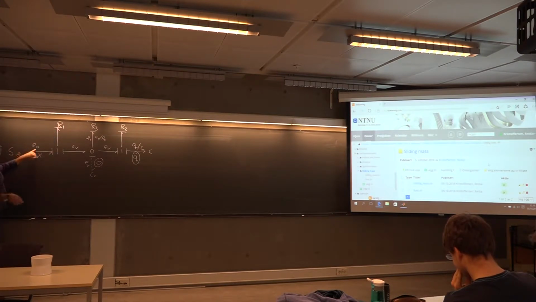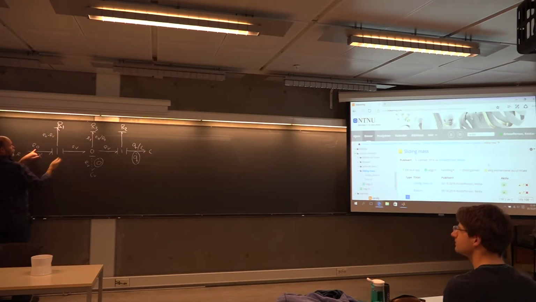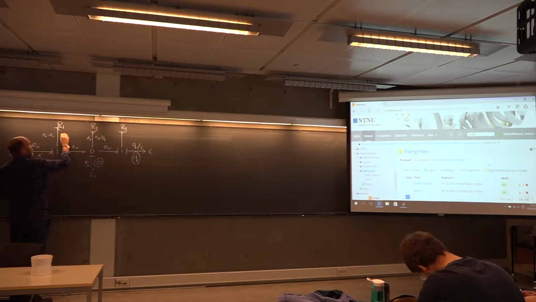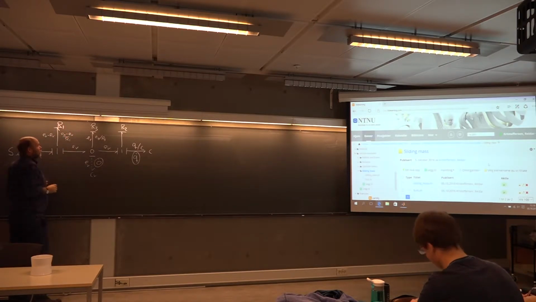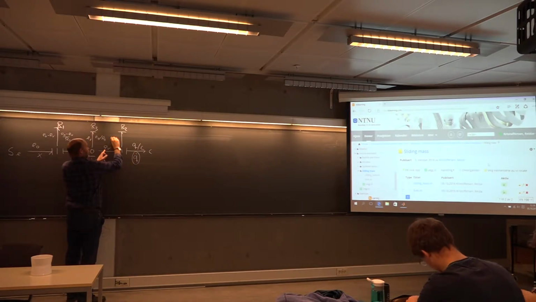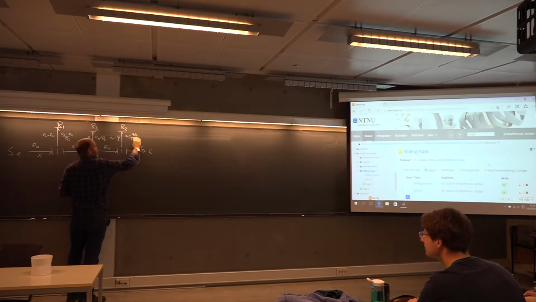So effort in equals what comes out. So the effort here has to be E0 minus the virtual. Then the flow on the other side, just divide by R1. And the same goes here. You find the effort, EV minus Q over C. And the flow, the effort, divided by resistance R2.